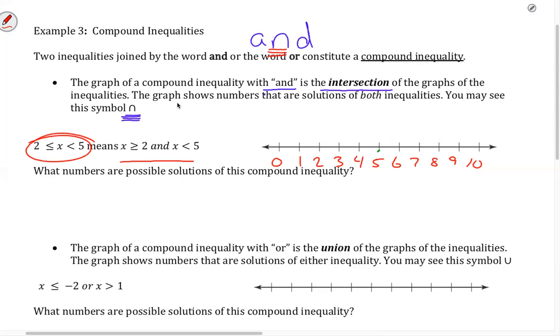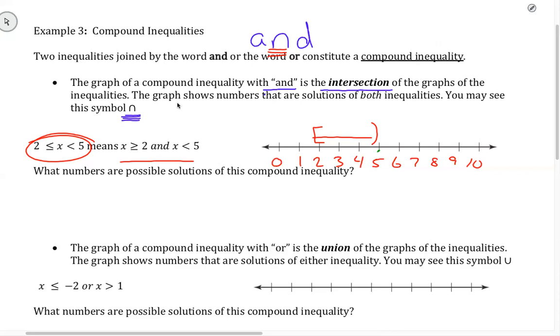Notice, to me, the x is between those two values, between the 2 and the 5. So I put my closed bracket at 2 and the open bracket, which is the parenthesis, at 5, and I'm shading between those two.